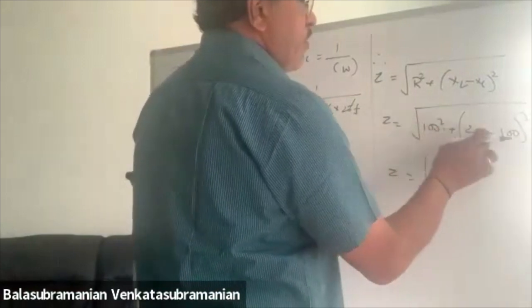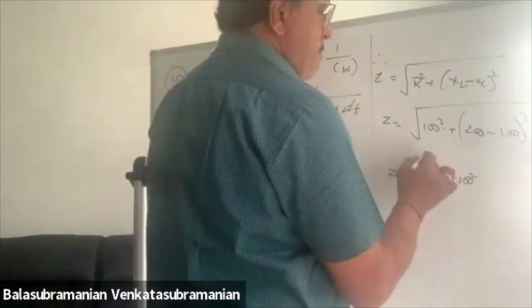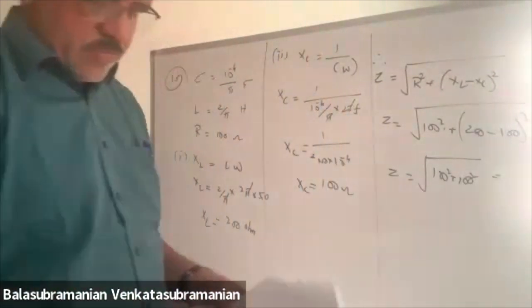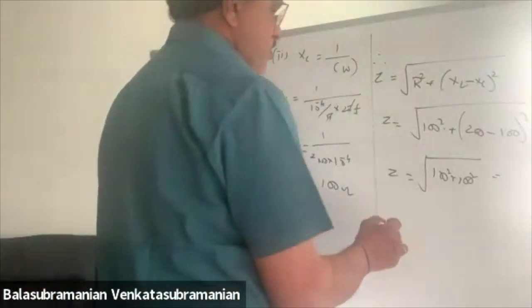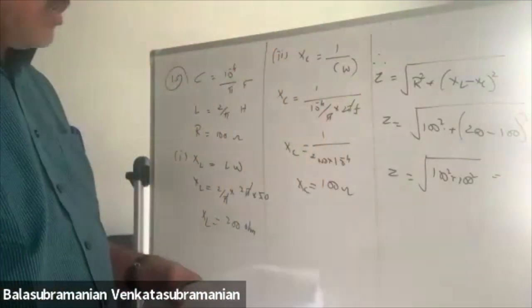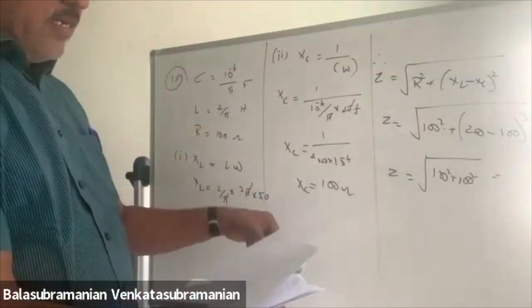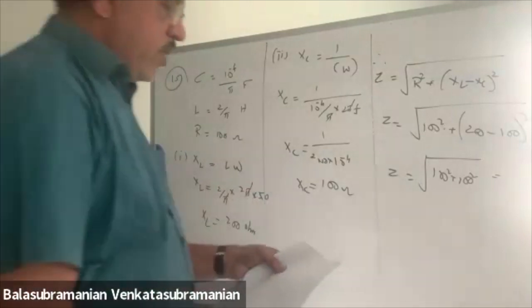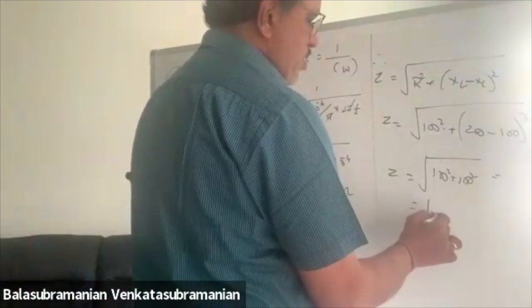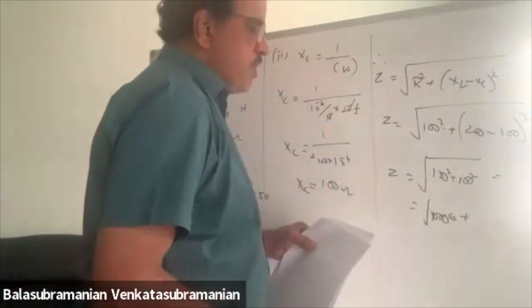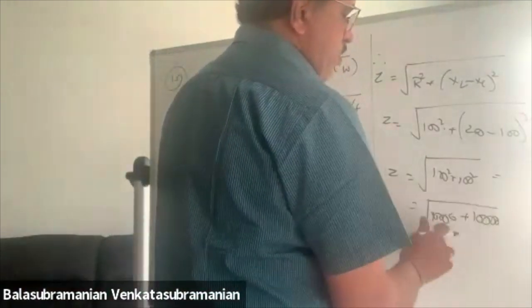Root of 100 square plus 100 square. 10,000 plus 10,000, 20,000.